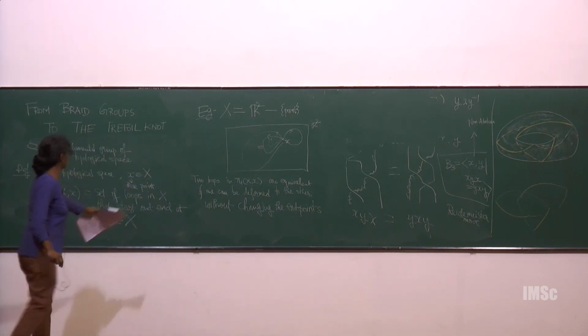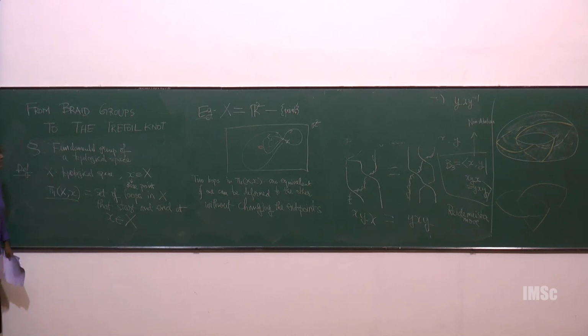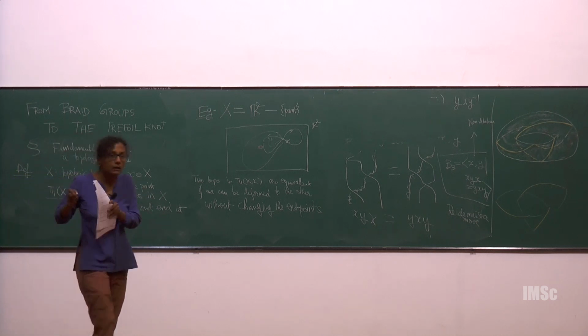So this is the definition of pi1 x comma x. So it consists of loops, and many of these loops are the same as the other.